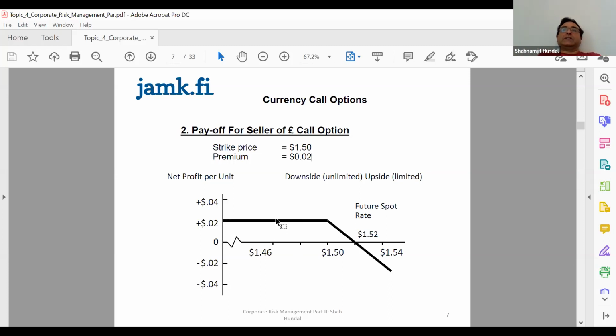Seller is also called sometimes writer of the option, the one who writes. And the buyer, the company, is also called the bidder of the option, the one who bids. The bid, BID, and the writer, the seller. Anyways, so when the option is out of the money, then it's a gain to the bank.